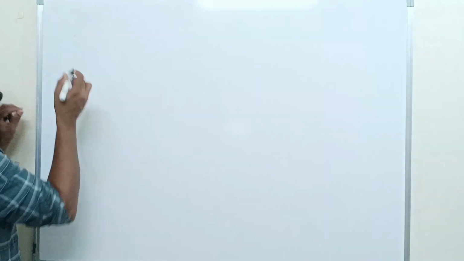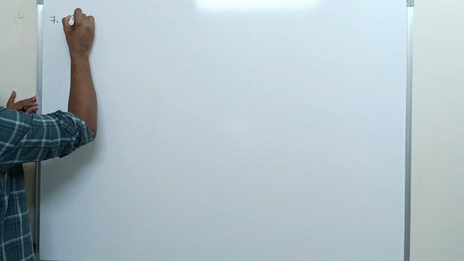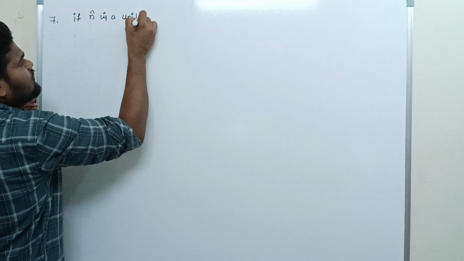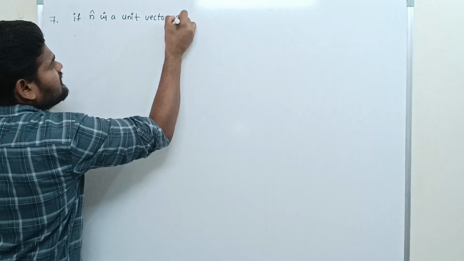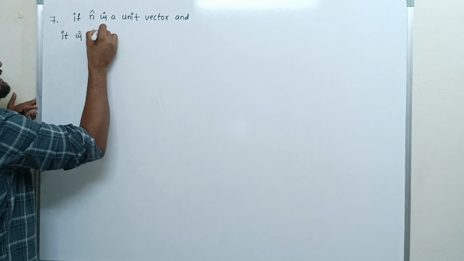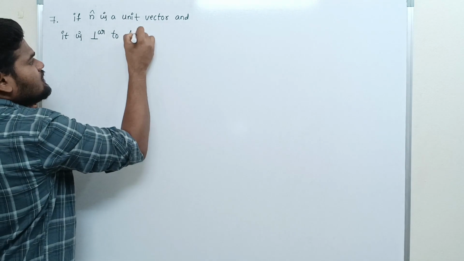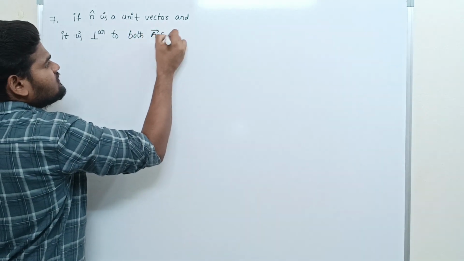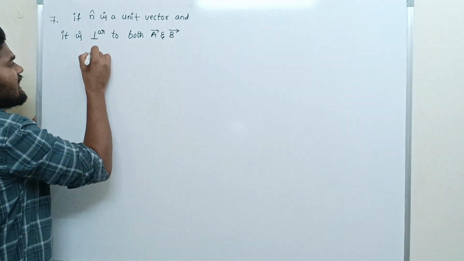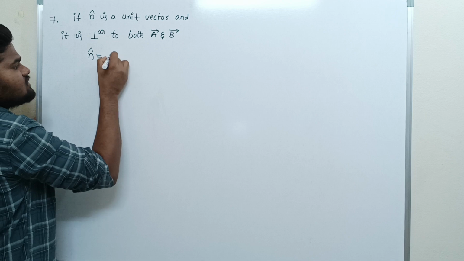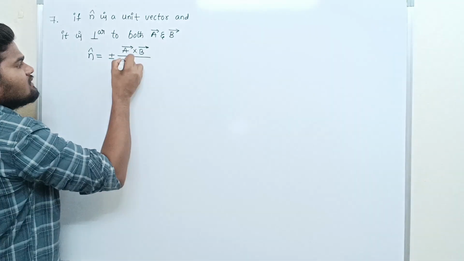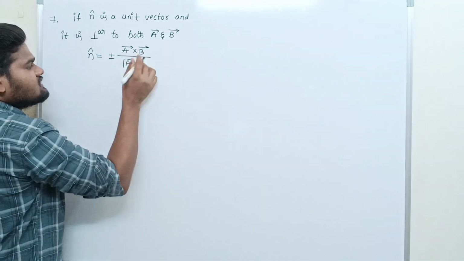So have a look, the seventh formula. If n cap is a unit vector, and it is perpendicular to both A bar and B bar vectors, then the unit vector n cap is given by n cap is equal to plus or minus A bar cross B bar divided by magnitude of A bar cross B bar.